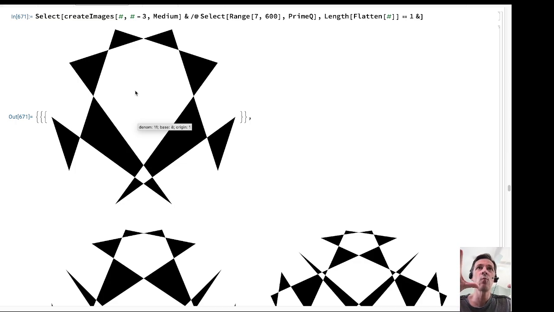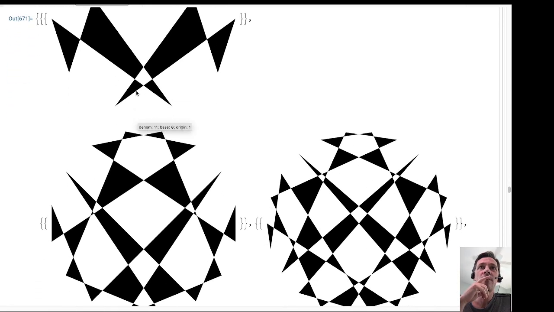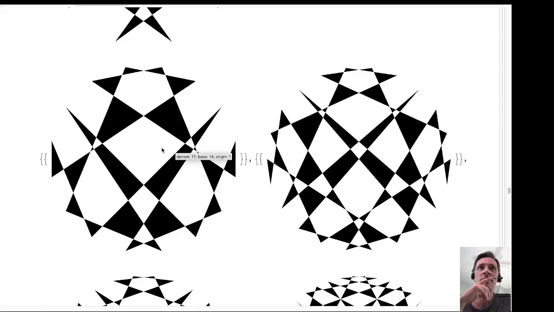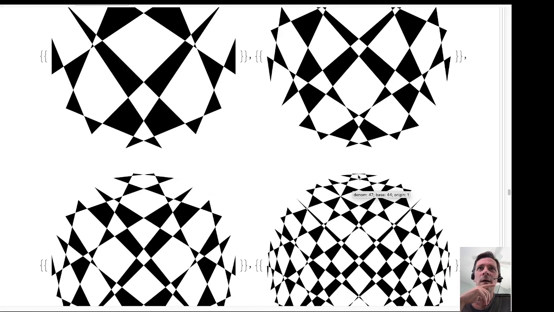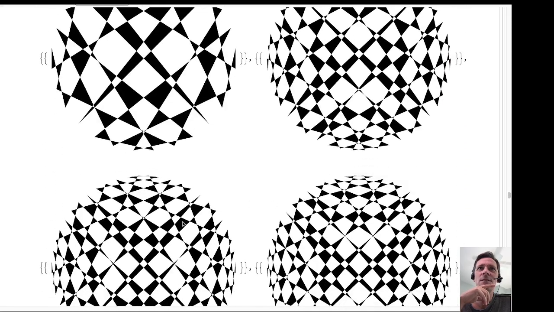I'm just selecting ones where there's one image resulting. But as these get larger, these look quite different from each other. I've got this 6-pointed star shape up here that gets smaller and smaller and starts to vanish as this thing gets bigger.